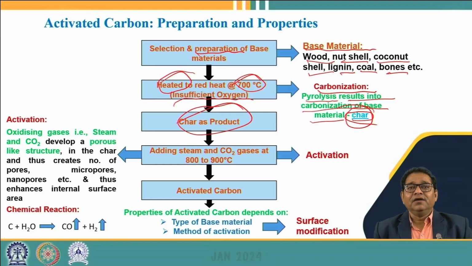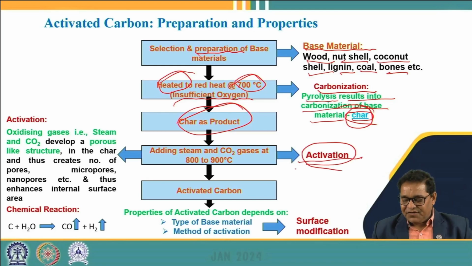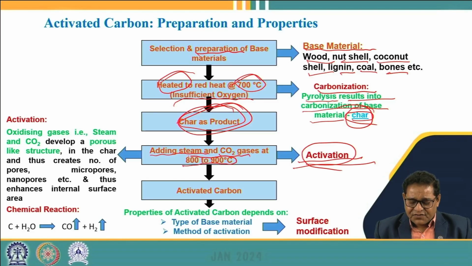And then we need to go for activation. Activation means the development of a porous structure within the char material which is produced as a result of carbonization. This is done by adding steam, carbon dioxide, or other oxidizing gases at a temperature of around 800 to 900 degrees centigrade.